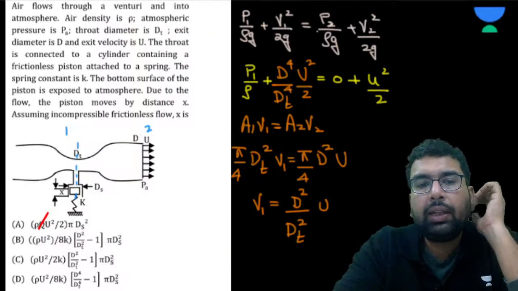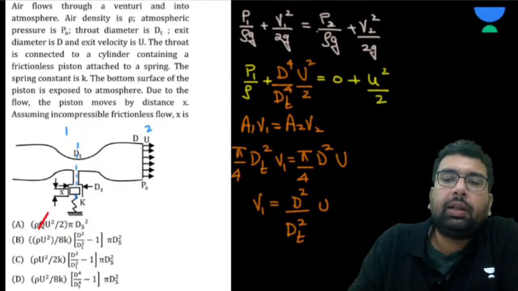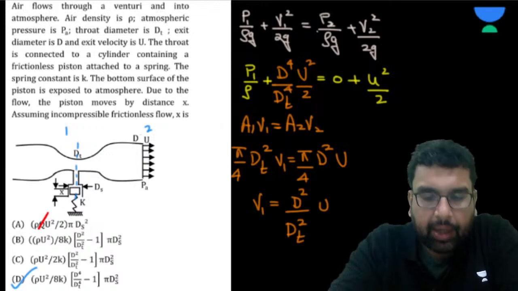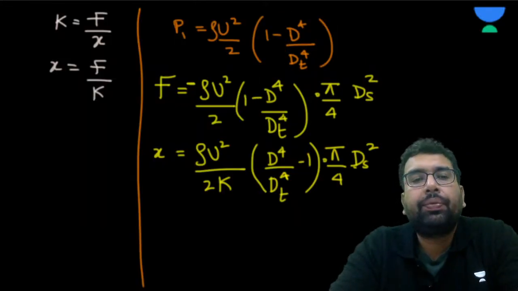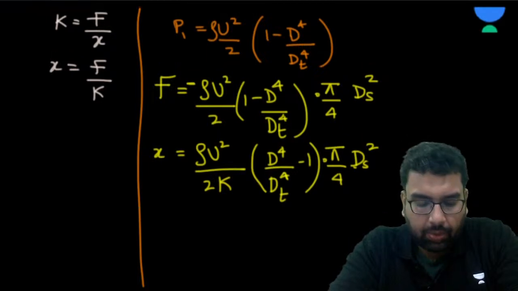If you multiply this pi by 4, you will see that your D option is exactly matching our solution. It will become rho u square by 8k times d to the power 4 upon dt to the power 4 minus 1, times pi ds square.